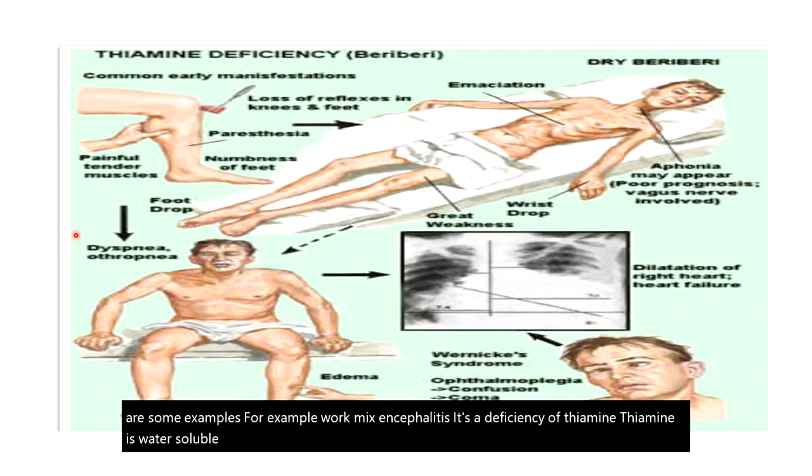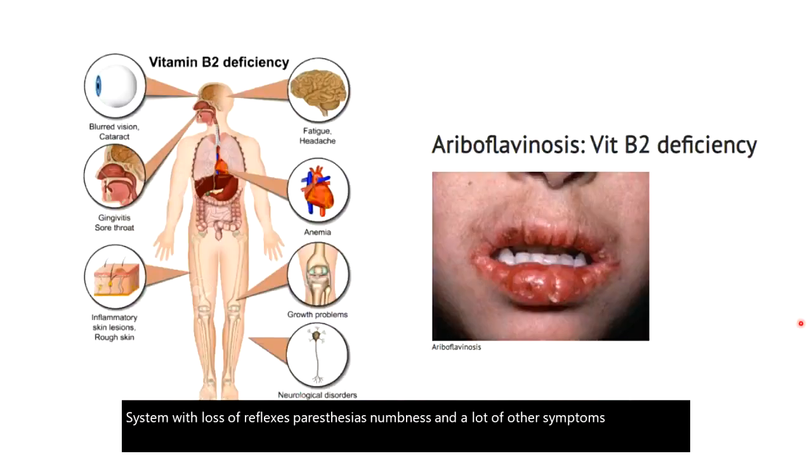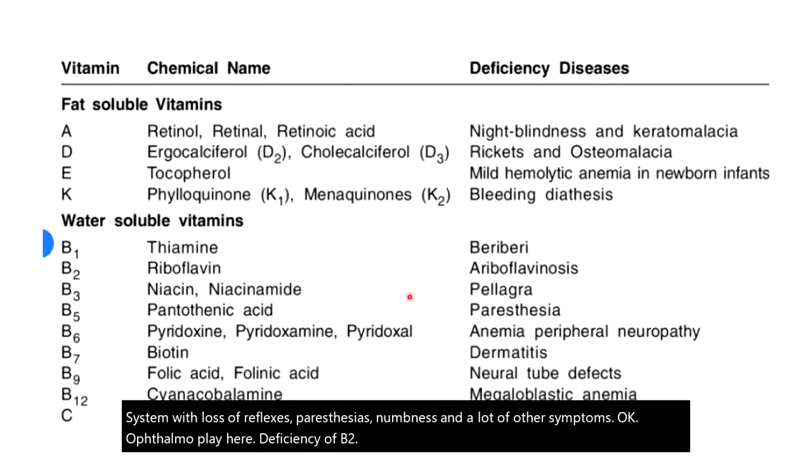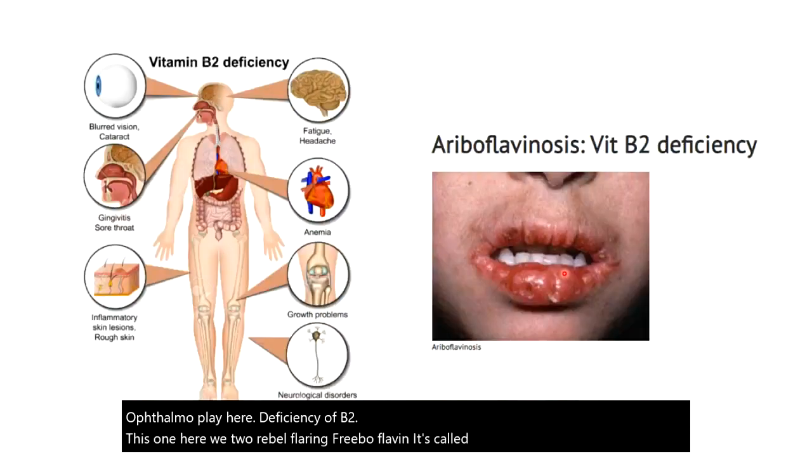Okay, ophthalmoplegia. Deficiency of B2, riboflavin. It's called ariboflavinosis. It's a deficiency of vitamin B2.